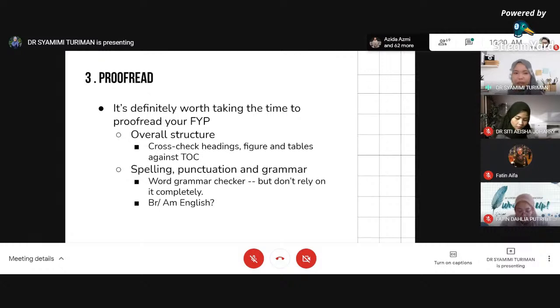But as mentioned by Dr. Aisha, you don't want to depend on technology completely, right? So don't trust the Word grammar checker 100%, because sometimes it can be funny. Sometimes it could be mentioning that something is wrong when it's not, this kind of thing, right? So you don't want to simply find and replace. Please be mindful when you decide on doing that, right?